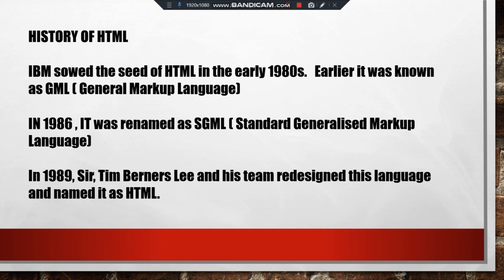Now again in 1989, Sir Tim Berners-Lee and his team redesigned this whole language. What did he do? He redesigned this language and named it HTML. I hope you all have understood the history of HTML.